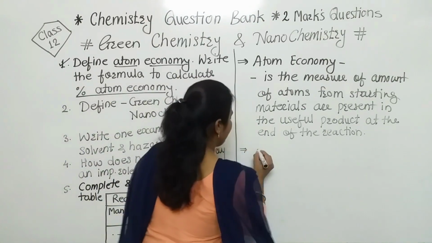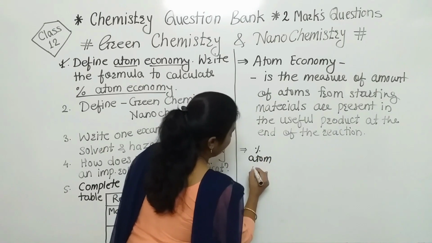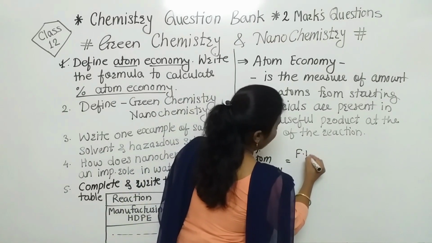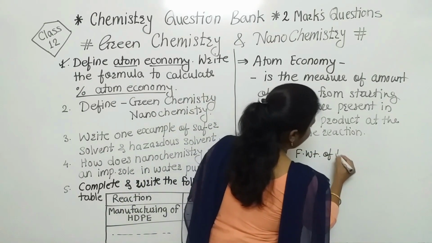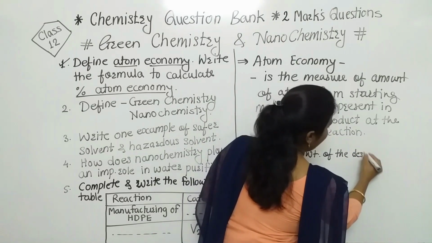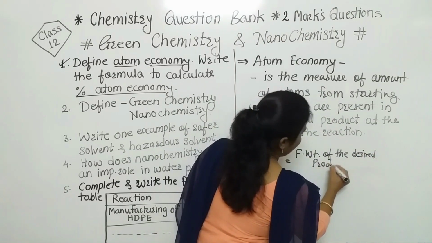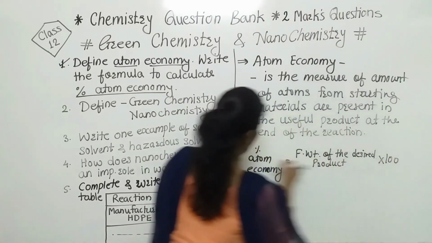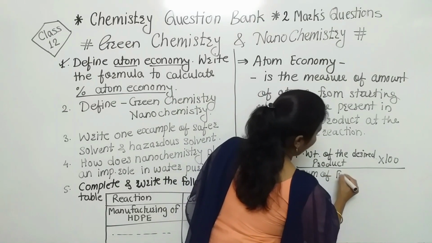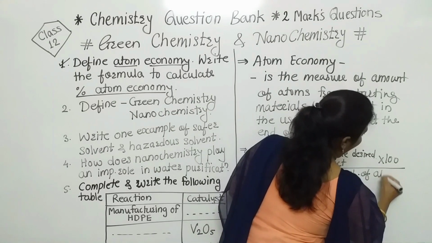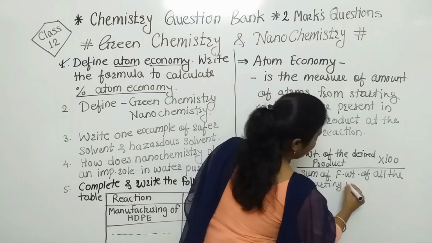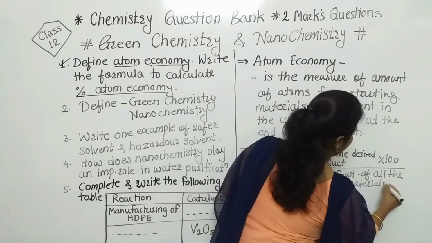Percentage atom economy is equal to formula weight of the desired product into 100, because here we want to calculate the percentage, divided by the sum of formula weight of all the starting materials involved in the reaction, and this is the formula.